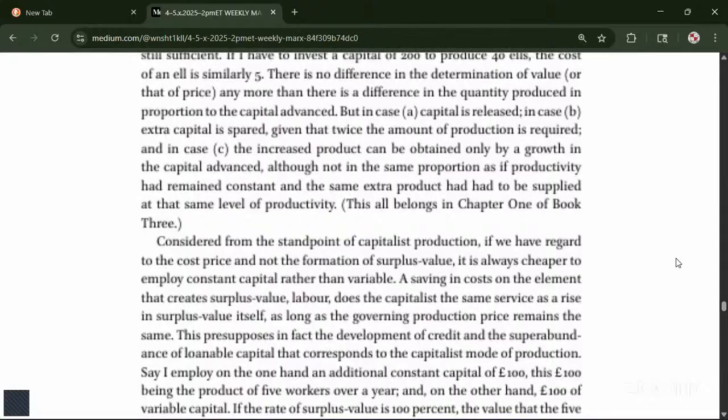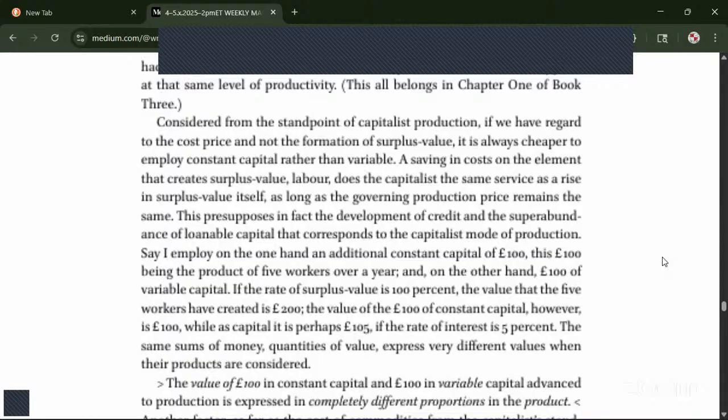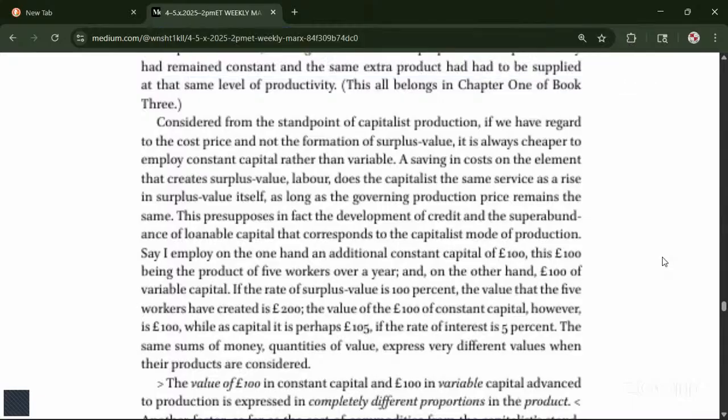This presupposes, in fact, the development of credit and the superabundance of loanable capital that corresponds to the capitalist mode of production. Say I employ, on the one hand, an additional constant capital of 100 pounds, this 100 pounds being the product of the 5 workers over a year, and on the other hand, 100 pounds of variable capital. If the rate of surplus value is 100%, the value that the 5 workers have created is 200 pounds.